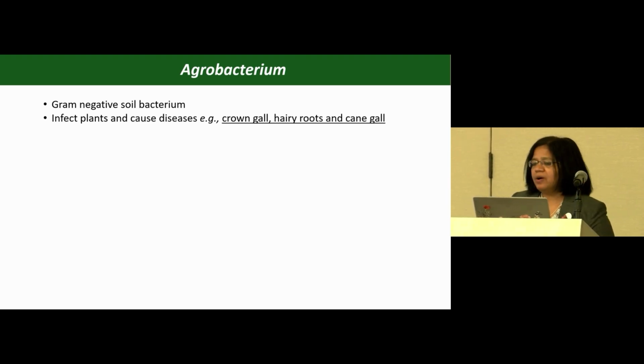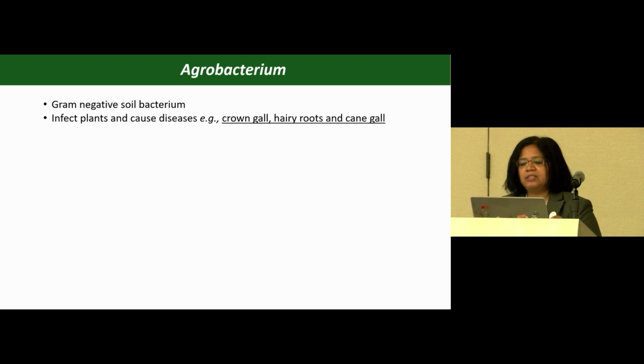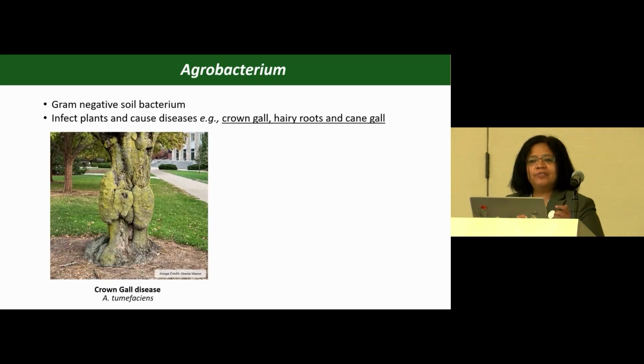As we all know, it is a gram-negative soil bacterium. It is a phytopathogen that infects plants and causes disease. It causes gall disease, and depending upon the way the galls look, it can be called crown gall, hairy root, or cane gall, and so forth. This is a picture I took at Purdue University, a crown gall on a tree, caused by Agrobacterium tumefaciens.